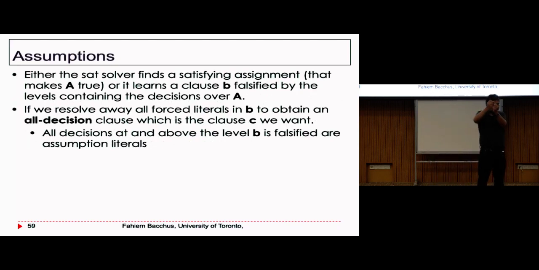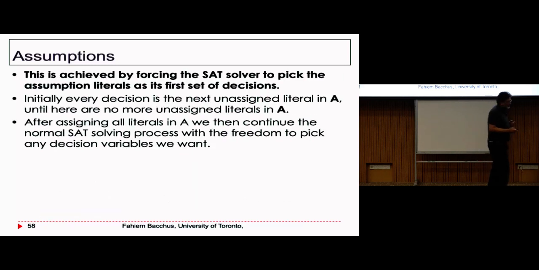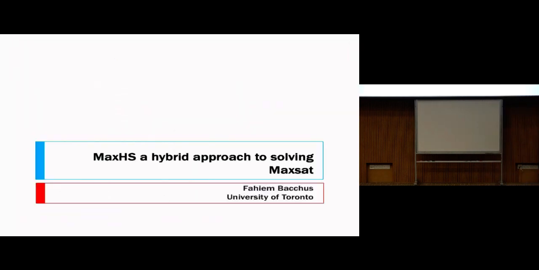You have the assumptions set to true, and under here you're going to do this regular search. You're either going to find a satisfying assignment that satisfies the assumptions, or you're going to try to backtrack to the assumptions with a conflict. And if you do, and you convert that conflict to an all-decision clause, you have this clause that I want, which is the contradiction. Okay? All right, so that is the first part.